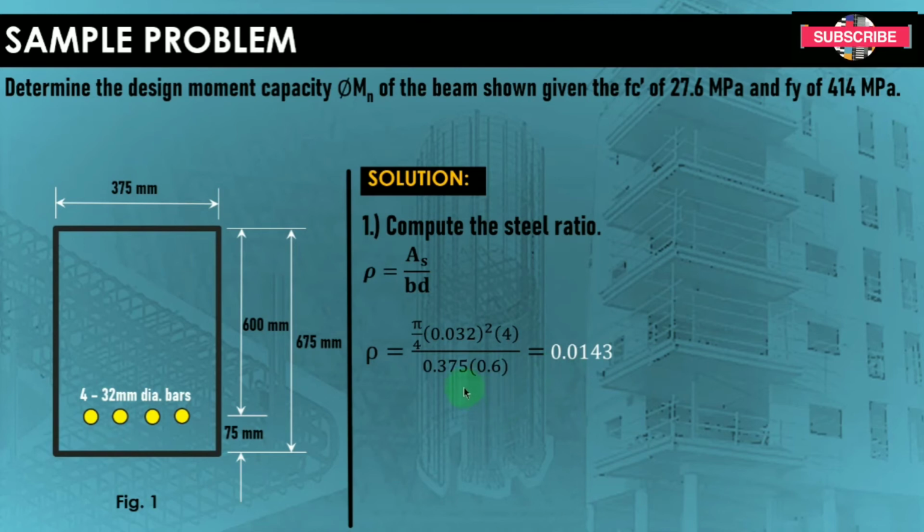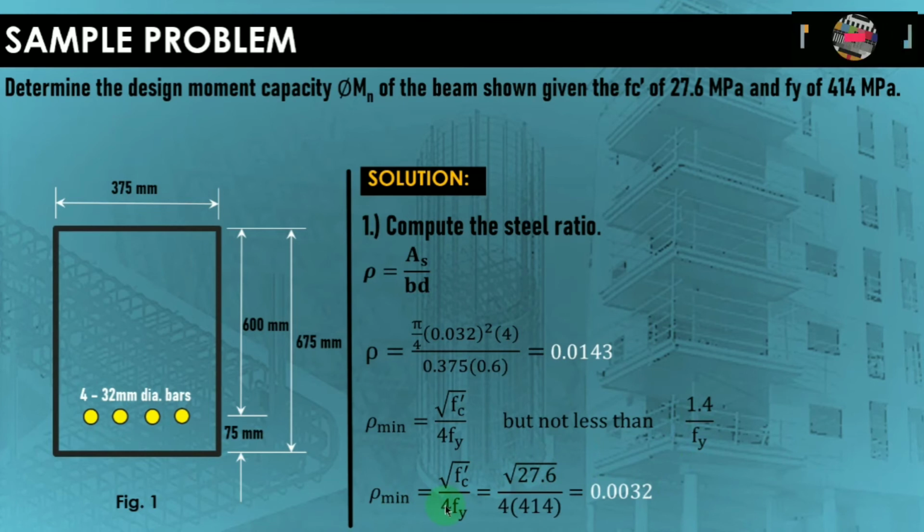Okay, after this you need to check first if this actual steel ratio satisfies the minimum requirement of our code. As per the code, our rho min is equal to the square root of Fc prime over 4Fy, but not less than 1.4 over Fy. So calculating the square root of Fc prime over 4Fy and this 1.4 over Fy, we have the value of rho min when using the square root of Fc prime over 4Fy equal to 0.0032.